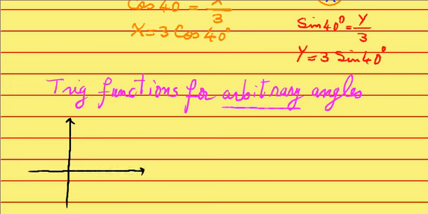The angle that we are interested in, we put it in a standard position. So initial side goes on the positive side of x-axis, and terminal side could be wherever it wants to be. Suppose this is a terminal side, and say this is an angle. Or perhaps I have traveled in a negative direction, or perhaps I've gone around the circle around the origin several times and stopped here.